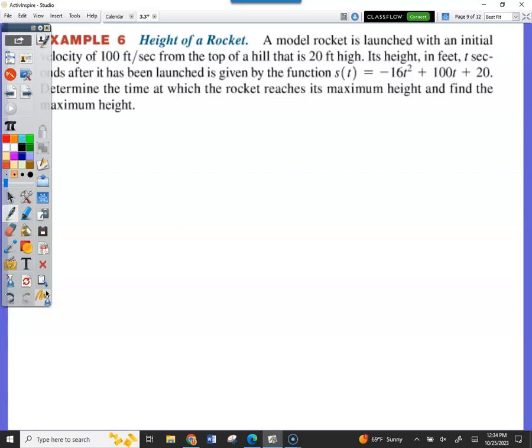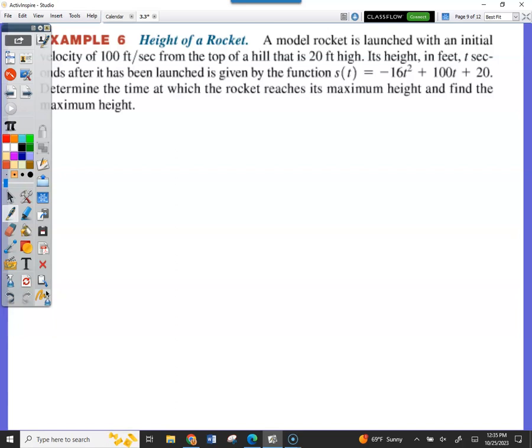Now, what I need you to understand is the path of the rocket is not the quadratic itself. The quadratic is what appears as time passes while the rocket is in air. You could take a ball and throw it straight up in the air and it comes straight back down, which means it never did this, correct?